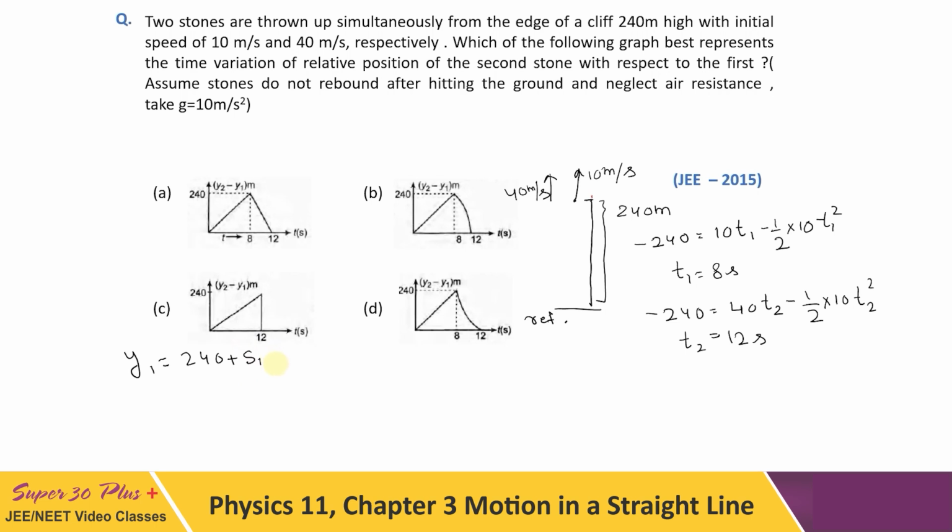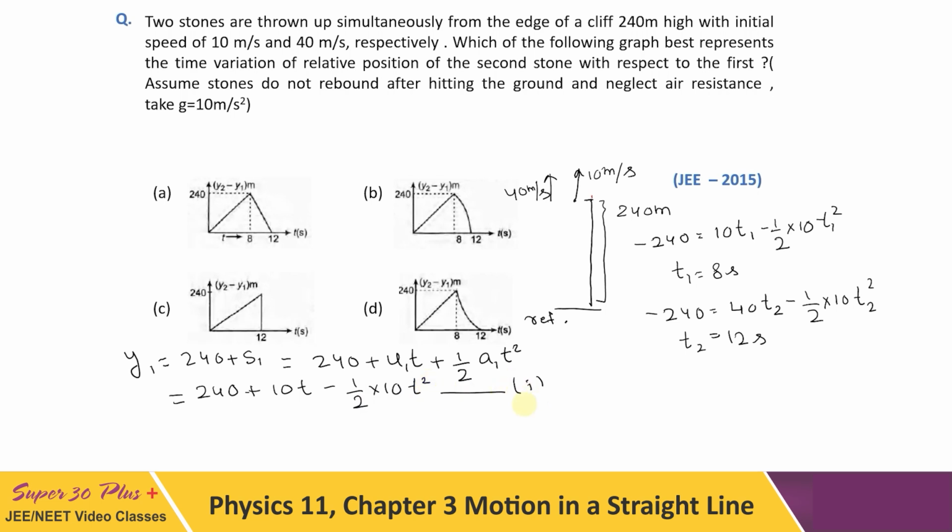So let us see which value comes. s1 can be written as u1 t plus half a1 t square. If we substitute the values of a and u1, then it will be 240 plus 10t minus half into 10 t square. This is the position of the first stone after time t, but this time should be less than 8 second.